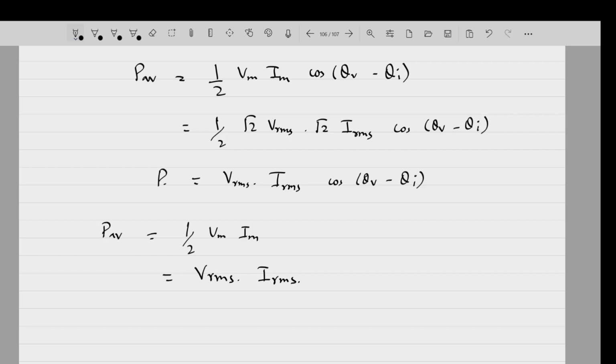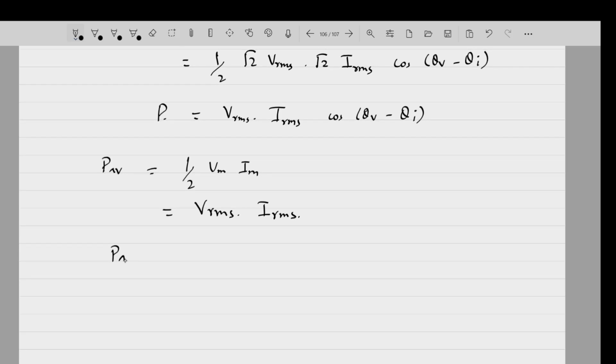We had also found the average power as 1/2 of the magnitude of I squared into R. If we substitute the value of I here, this will simply be equal to Irms squared into R, or you can also write it as Vrms squared divided by R.